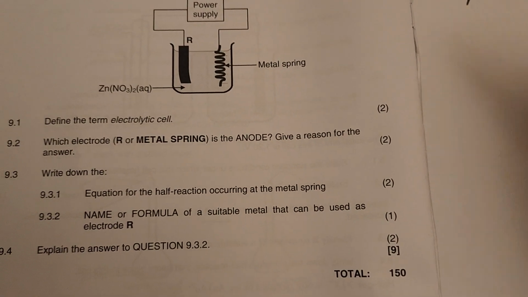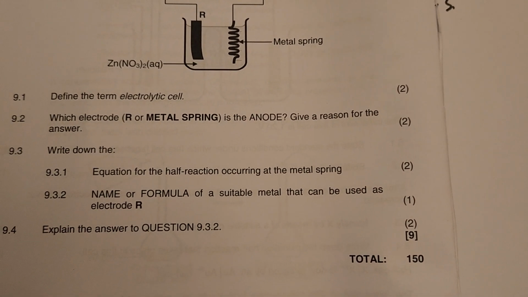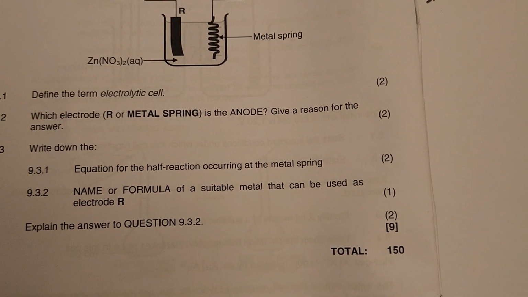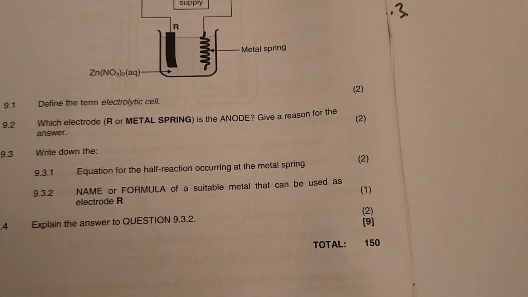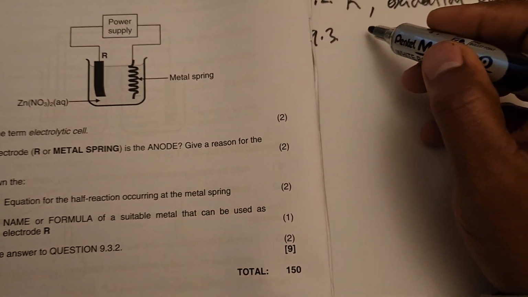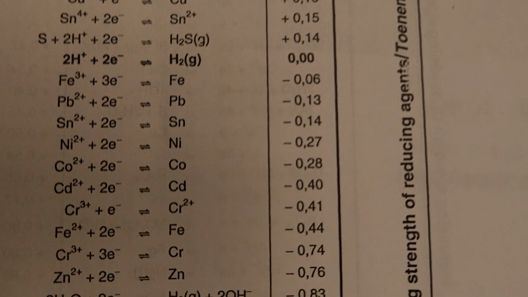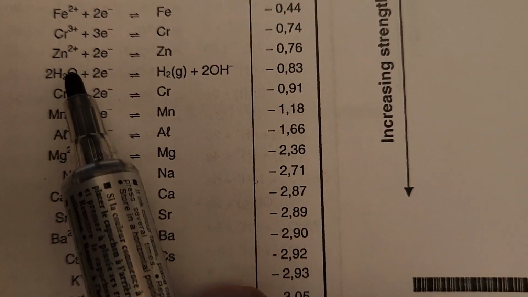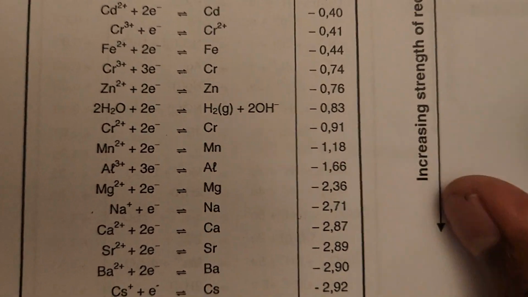Now, the next one. Write down the equation for the half reaction occurring at the metal spring. That's where the layering is going to take place. That's where the zinc is needed now. Therefore, the reaction of forming zinc, if we go to the table, we'll find that zinc is formed when zinc ions are reduced to form the metal zinc.